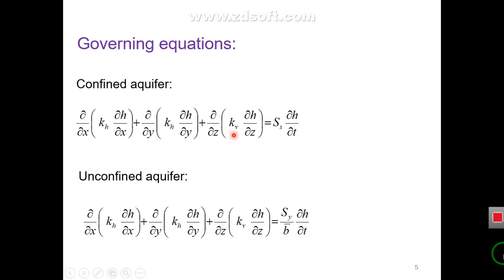Kh and Kv are the horizontal and vertical components of hydraulic conductivity. t represents time and h is hydraulic head. x, y, and z are the Cartesian coordinates.